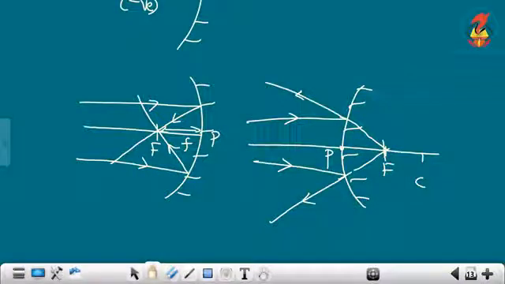From the pole to here, I am measuring in the direction of incident ray. 0 of my scale will be at the pole. Then I can measure it like this. So, this distance is positive.